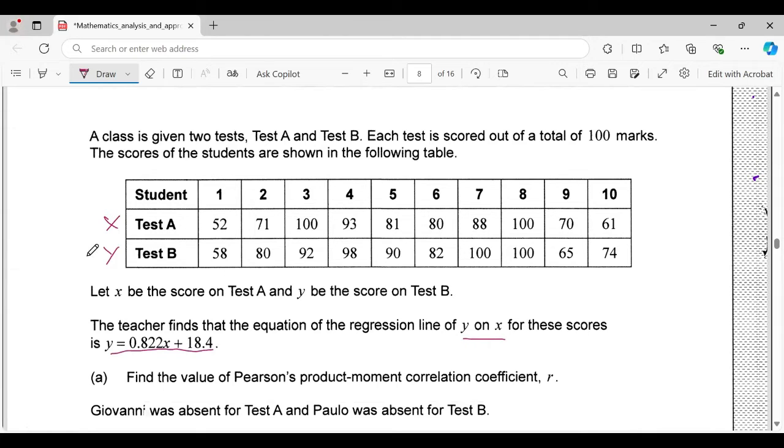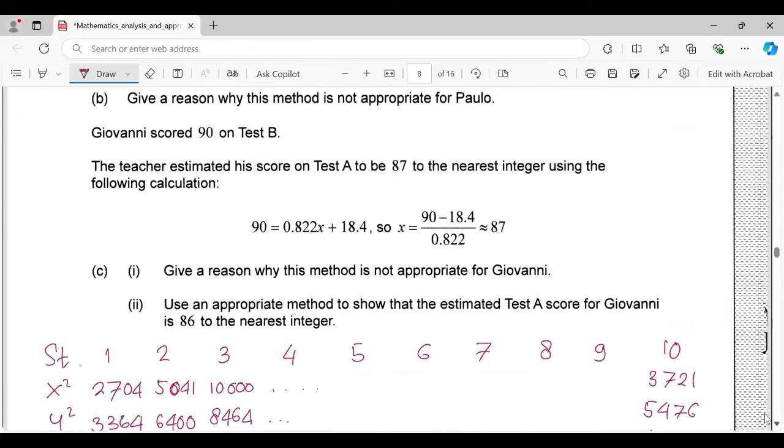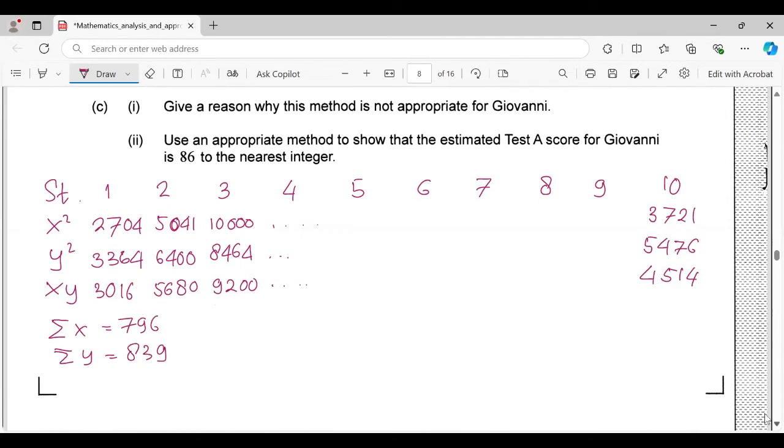Also sigma y. Next, for mean x or x bar is 79.6, and y bar or mean y is 83. Not mean, average of x and average of y. Okay.